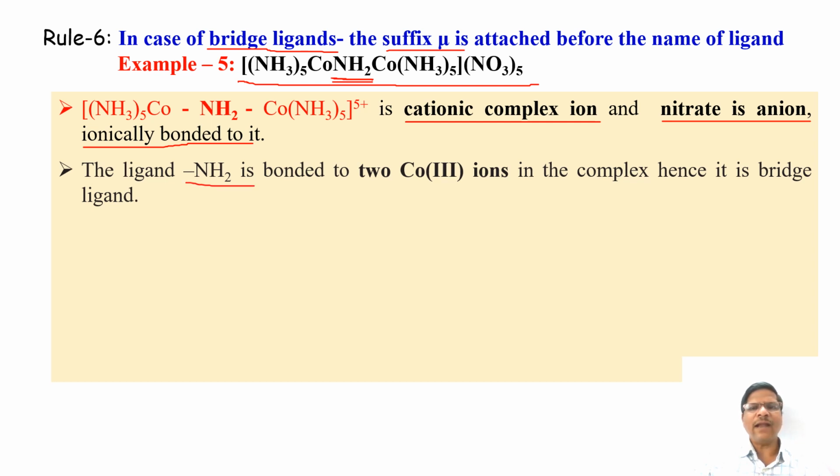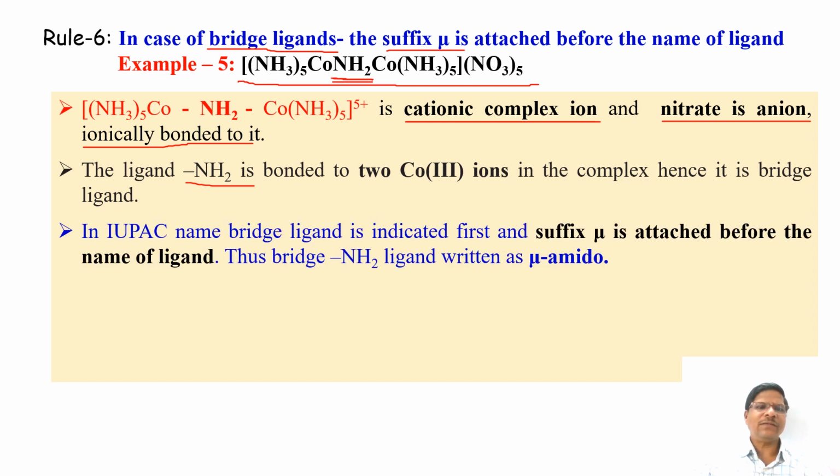We will write the name of the bridge ligand by writing the letter mu. The IUPAC name of NH2 is amido, so for the bridge ligand we write mu amido.